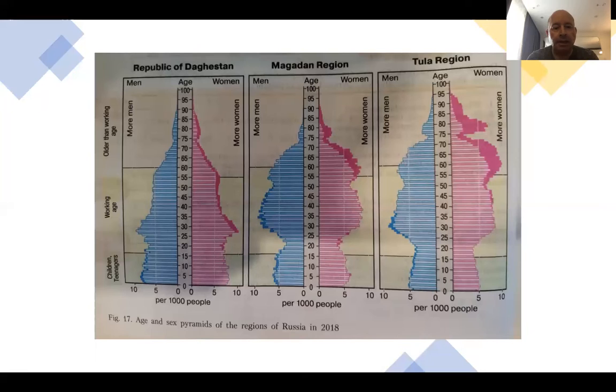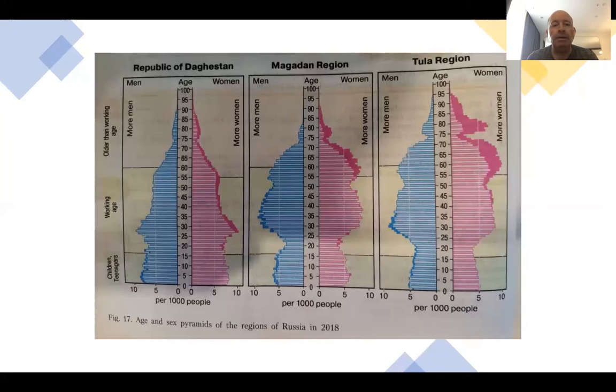If you look at the infants, for example, in Dagestan, the number is roundabout 8 per thousand for boys and about 8 per thousand for girls, in contrast to about 5 per thousand for the other regions.